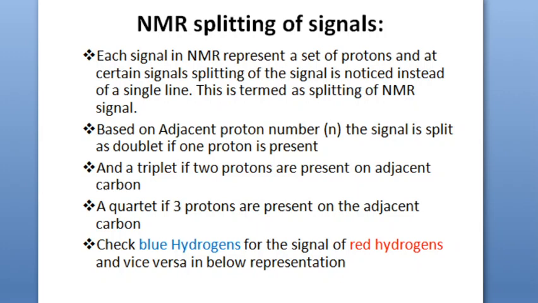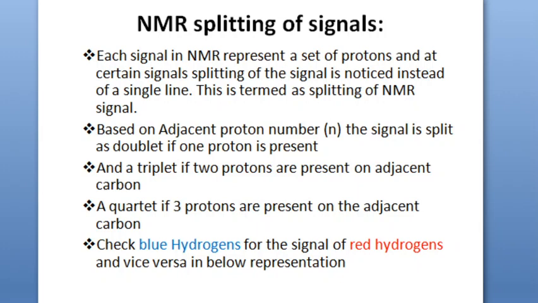For example, if you see some signal that is split into 2 lines when observed microscopically, or on resolution, you can see the single line splitting into 2 lines, then we classify that as a doublet peak or a doublet signal.